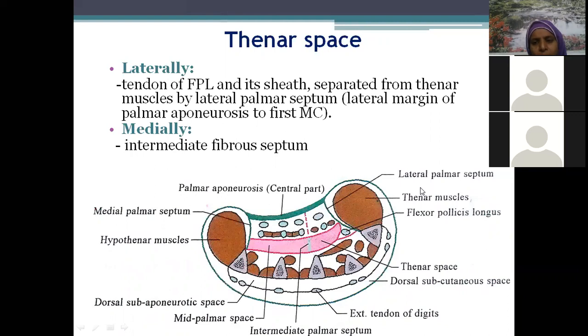You already told me it is the lateral palmar septum. It's written here. Apart from that, to emphasize more, we can also mention the flexor pollicis longus tendon, which we have seen in the flexor group of muscles. Then medially, you already told me, this pink line is the intermediate fibrous septum.